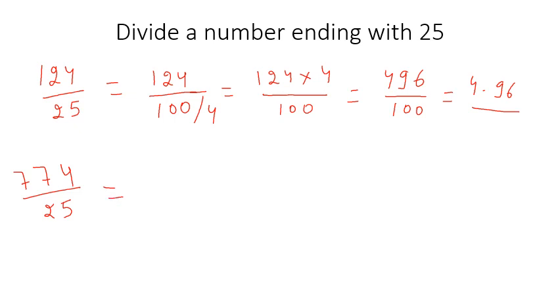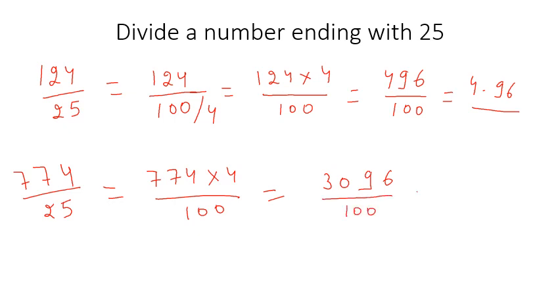774 divided by 25: in the first step we will multiply 774 by 4 divided by 100. It will result in 3096 divided by 100. The final value will be 30.96.